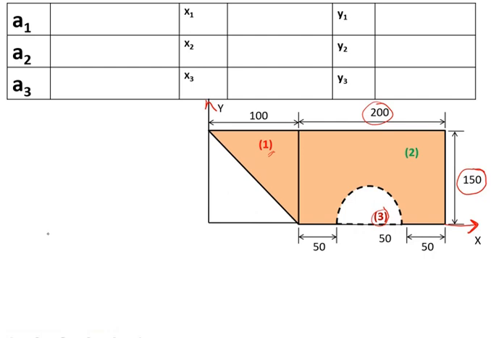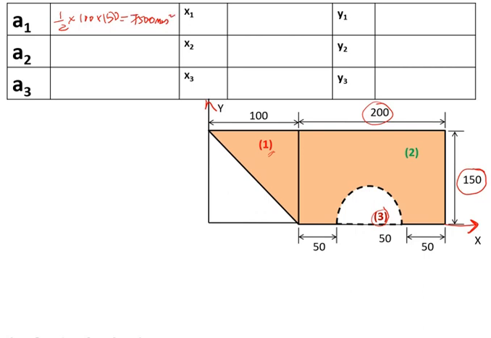The first one is the right triangle, having area half BH, half into 100 into 150. You will get this value as 7500 mm square.